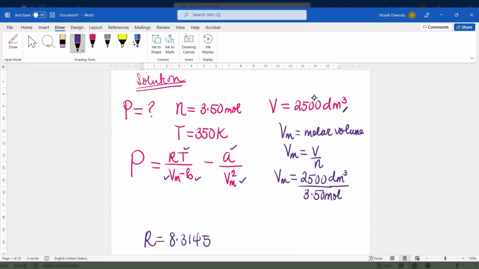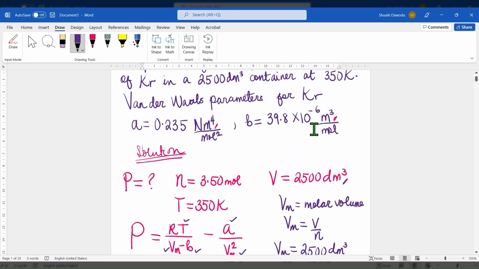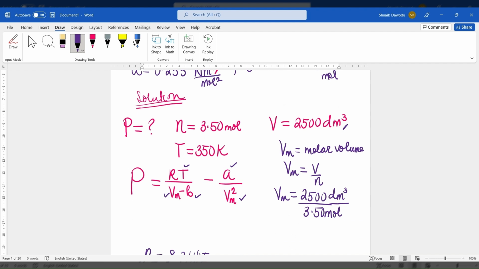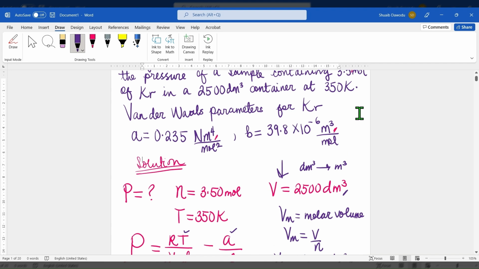It's because the values for A and B have meters, so we need to convert this volume from decimeter cube to meter cube purposely. Otherwise we make our work so much more complicated, and physical chemistry is already complicated enough.